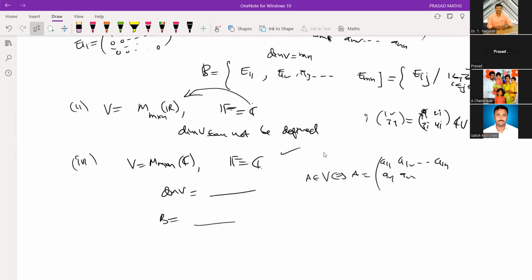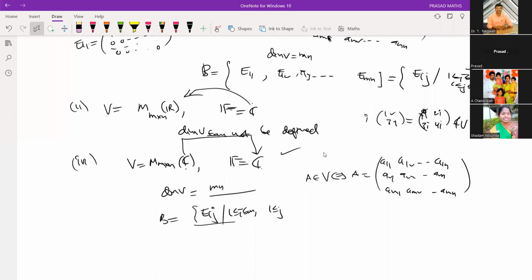So a11 up to a1n, am1, am2, amn. Therefore, how many free variables? mn free variables. So dimension is mn, because the entries and the field are the same: complex entries and complex field. So what is my basis? Same: Eij such that i runs from 1 to m, j running from 1 to n. So this is my basis.